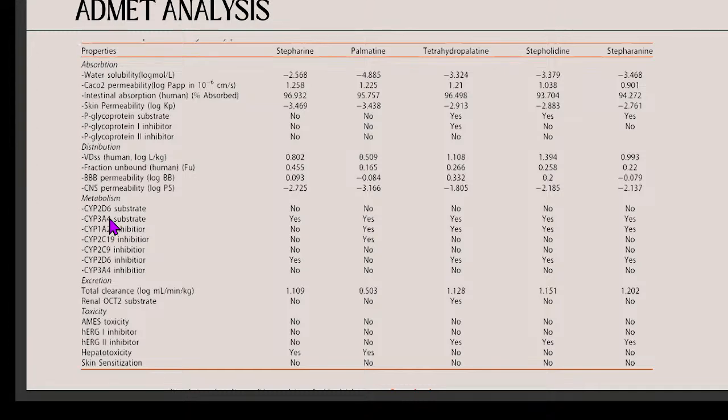If a molecule is a substrate, the drug is easily metabolized by the enzyme. So cytochrome 3A4, it is a substrate, which means it is easily metabolized in the liver as well. And if it is an inhibitor, then the inhibitor easily blocks it, so there is no difference there. There is one inhibitor case, cytochrome 2D6.